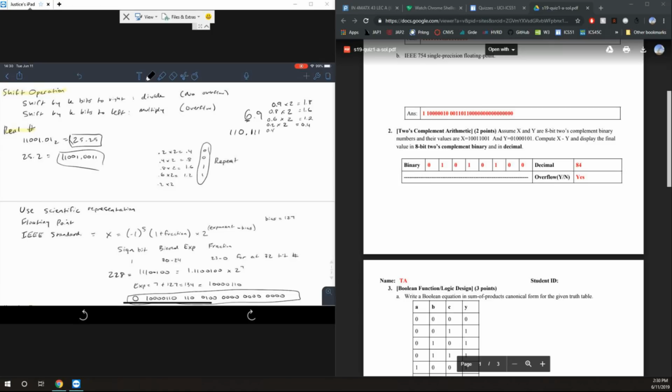Instead, it's a 0. Sorry. And then 0.4 times 2 is 0.8, so that's another 0. And then it just keeps repeating that pattern. Does that make sense?